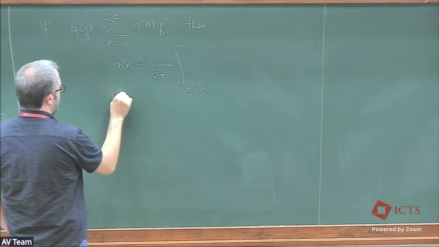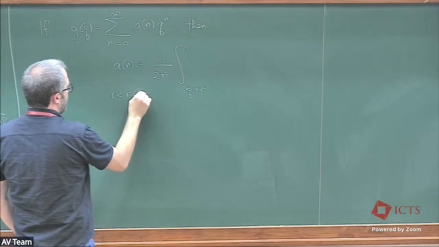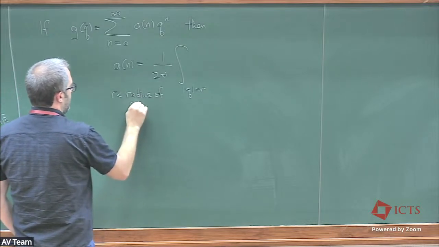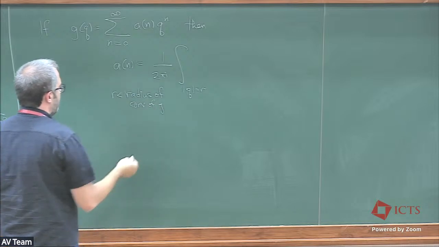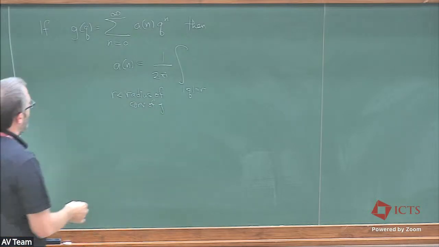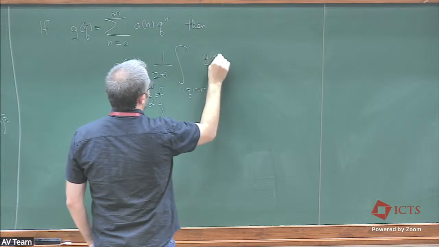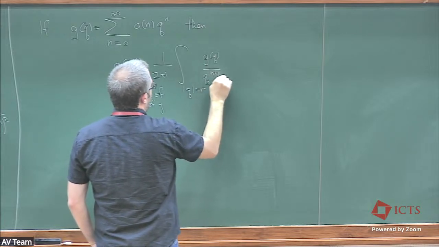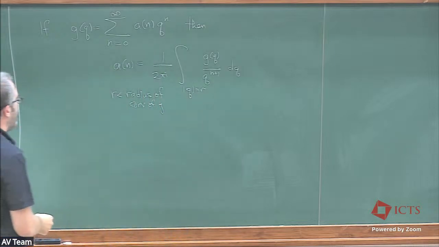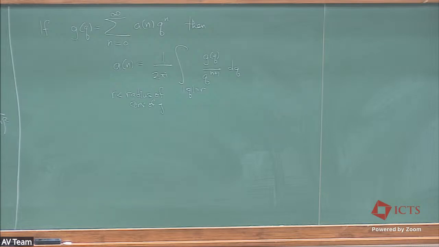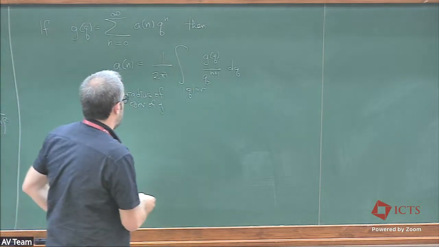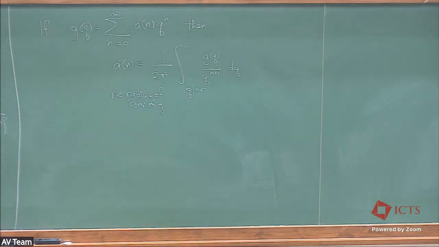I just need r to be less than the radius of convergence of G, whatever it is. And then I'll integrate G of q over q to the n plus 1 dq, and that's going to pick out the nth coefficient. And of course, if we apply this to the generating series for p of n, that will give us a formula for p of n. Of course, that requires you to actually know something about the generating series, so we'll get to that in a second. But this is the idea behind the circle method.